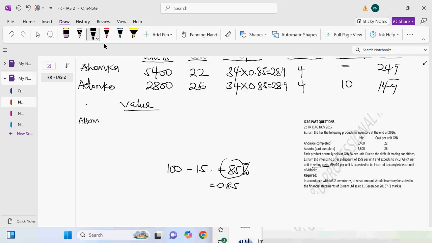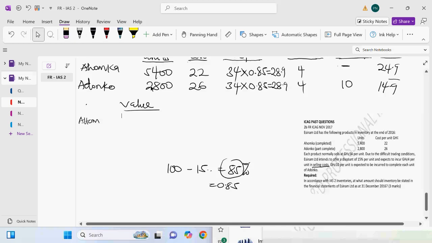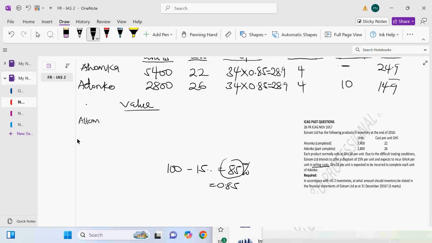So 22 times the units, which is 5,400. Since you are choosing 22, Aumka is getting 118,800.